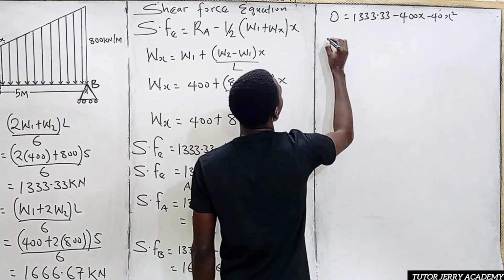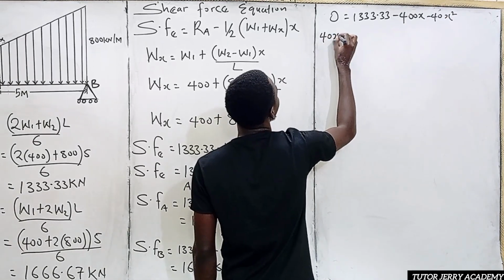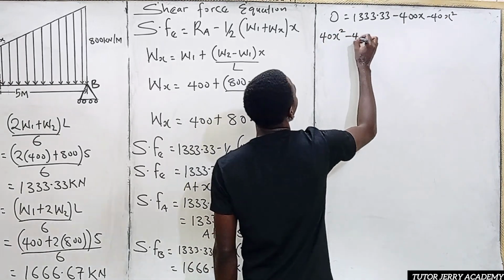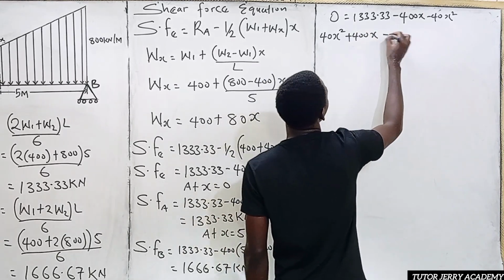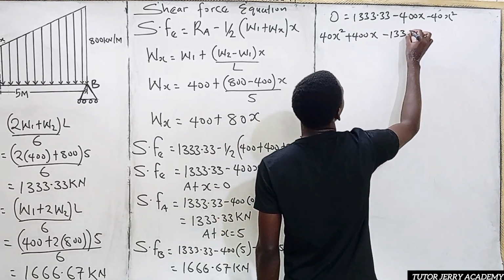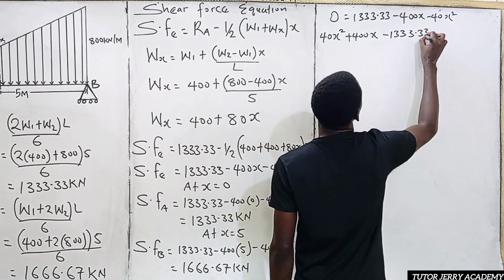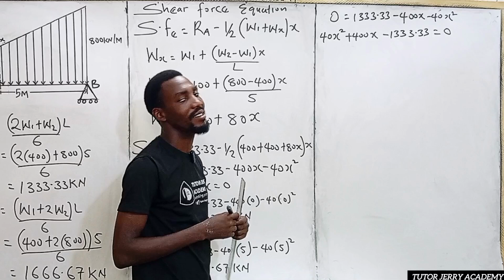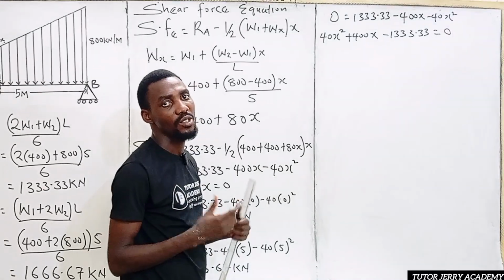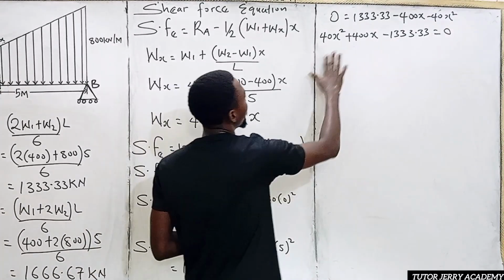If you rearrange this, I'm going to have 40s squared plus 400s minus 1333.33 equals 0. We know that this is a quadratic equation, so we can use the quadratic formula.